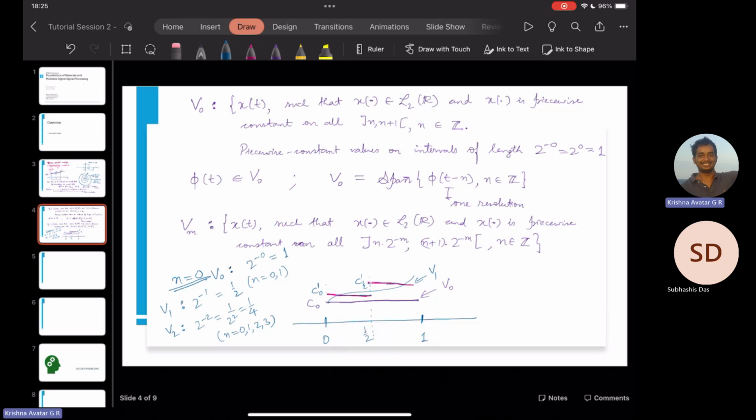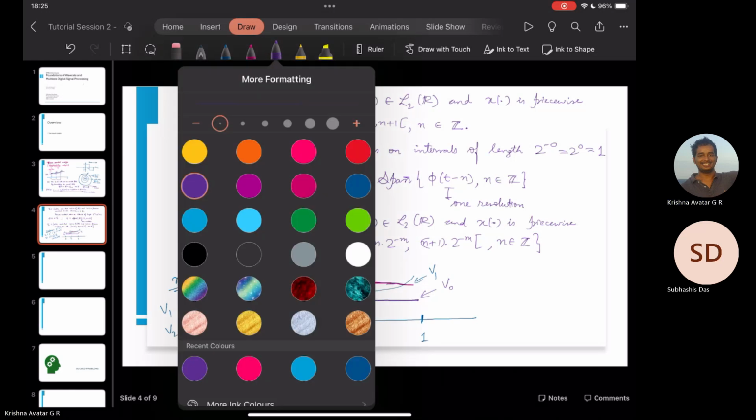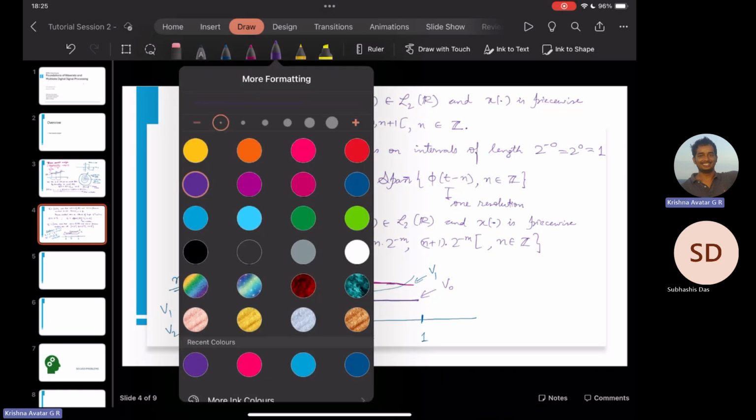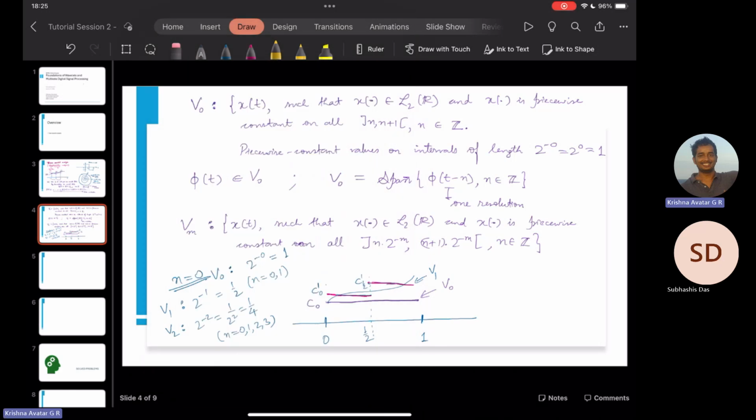So essentially what we are doing here is, I'll introduce a new color here. Let me pick up this color. In this case, we would be dividing this into 4 groups. And now let's determine the piecewise constant. For this interval, you'll pick this one.